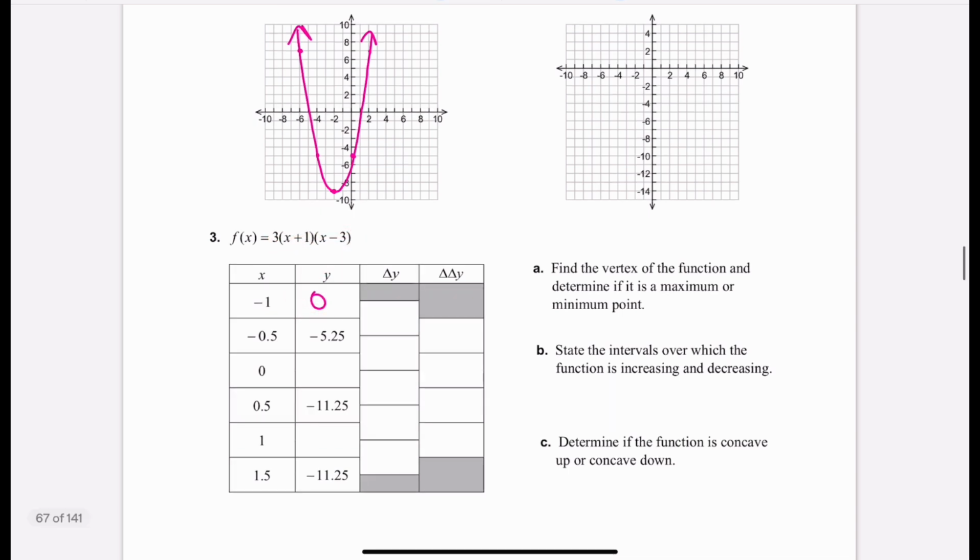If I plug a 0 in, I get 3 times 0 plus 1 is 1, times 0 minus 3 is -3, which gives me a -9. If I plug a 1 in, I get 3, 1 plus 1 is 2, 1 minus 3 is -2. -4 times 3 is -12.